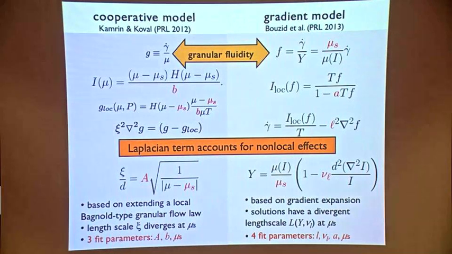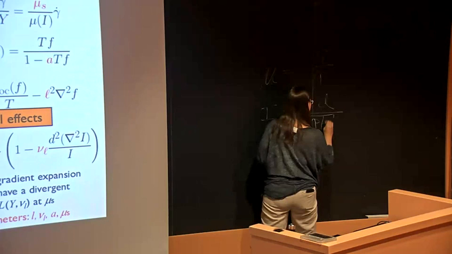Oh yeah, okay. I'm going to write these on the board because we're going to use them a lot. Okay, and I'm going to write that the inertial number is I = gamma dot d over the square root of p over rho. Okay, and this equals T micro over T macro.